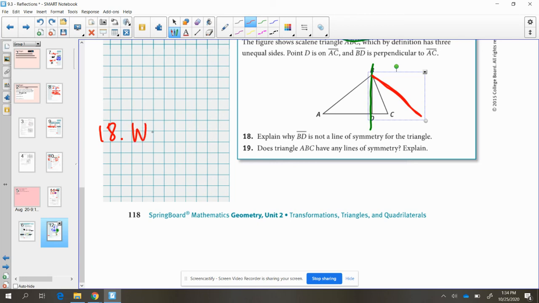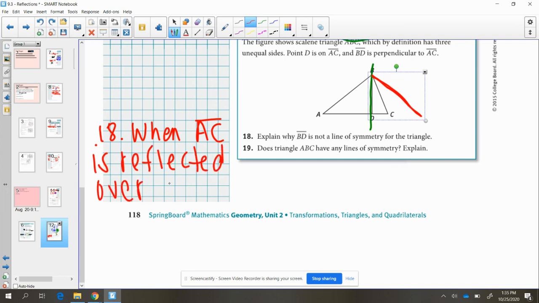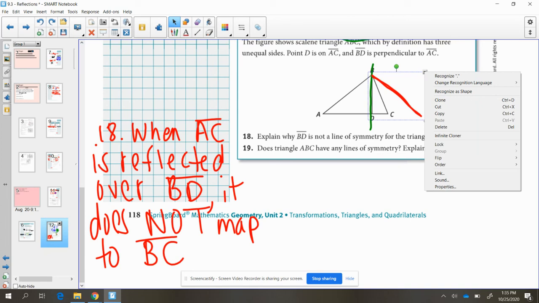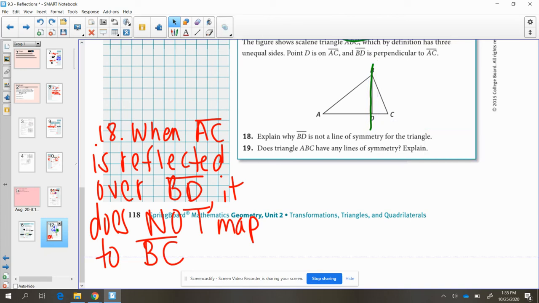So when AC is reflected over BD, that line of symmetry, it does not map to BC.